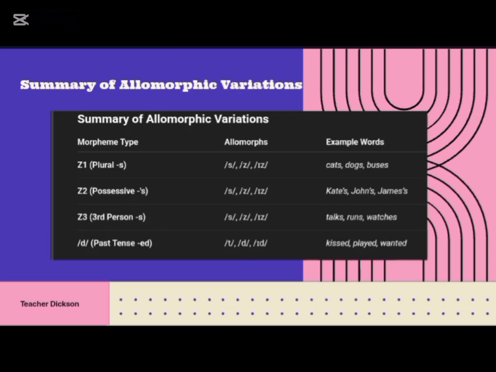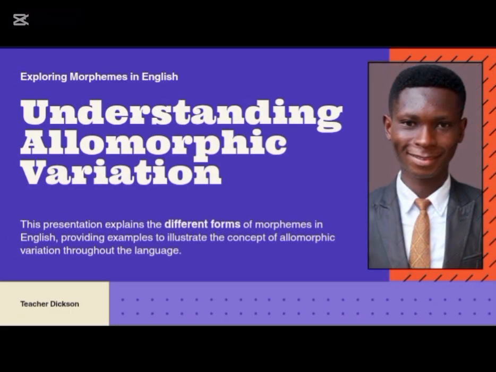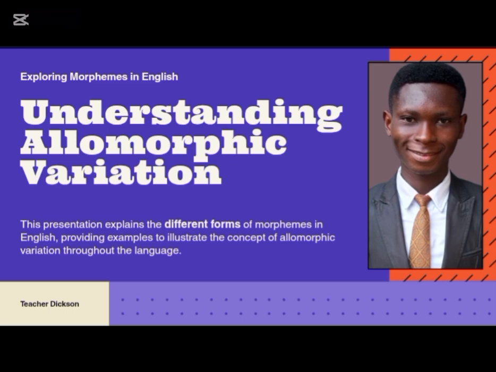In summary, we have different allomorphs for different morphemes in English language, ranging from the plural morphemes. We have three allomorphs, s, z, and iz. For example, cats, dogs, buzzes. Then we have possessive marker, which is virtually the same thing but applies when ownership is marked.